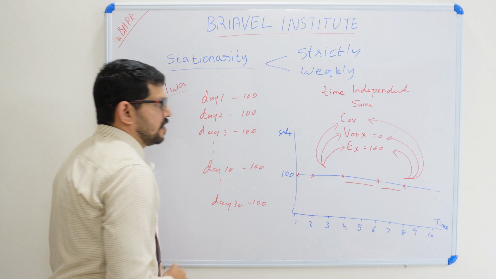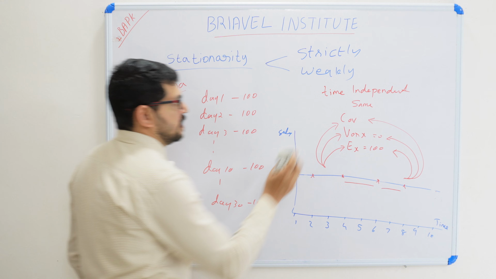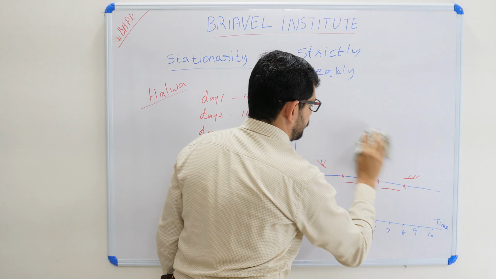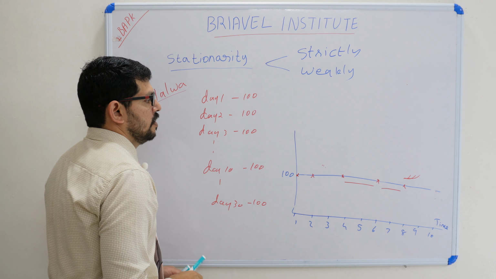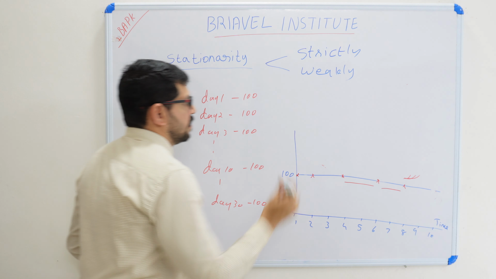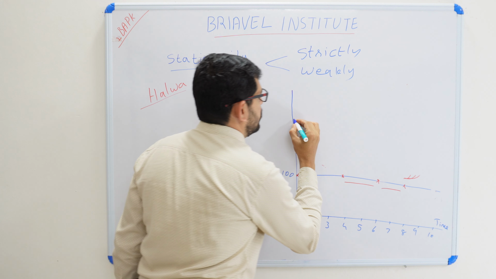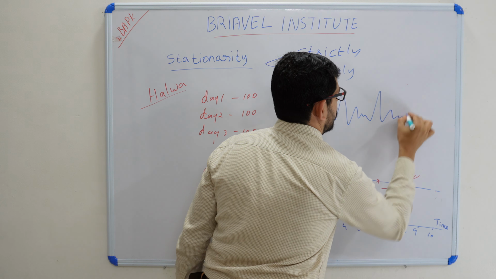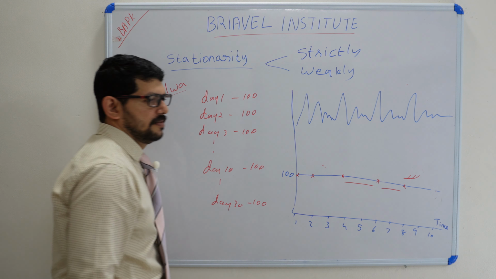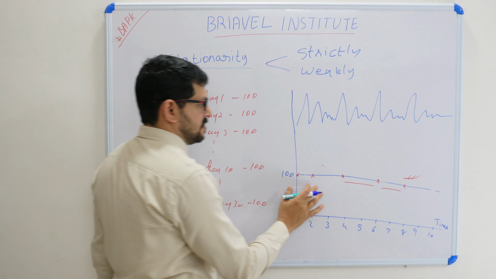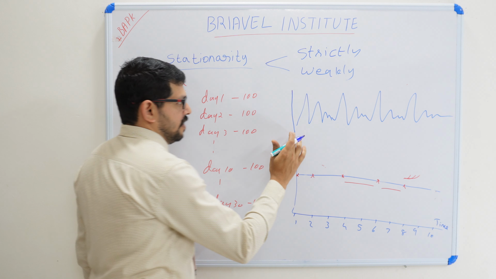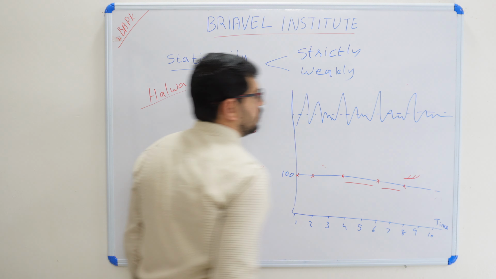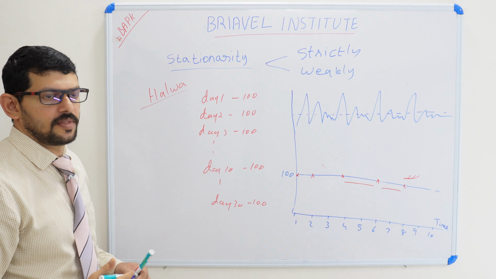This is a deterministic process. Now we compare it with a stochastic process. The stochastic process is not like a straight line; it will look like that.